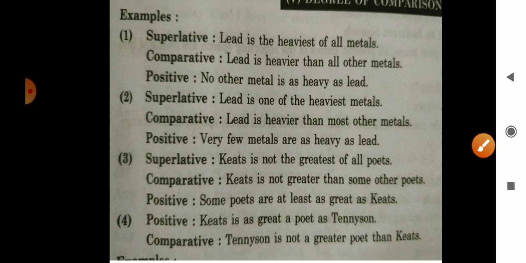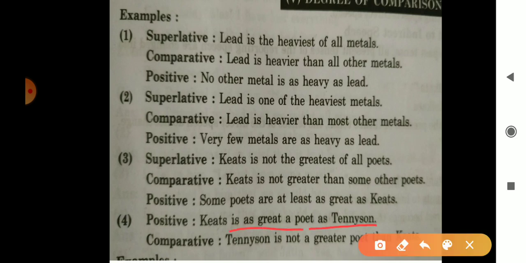Or we can make a comparison between two poets. Keats is as great as Tennyson. So here they have given only two poets. Keats is as great as Tennyson. Meaning Keats is as great as Tennyson.